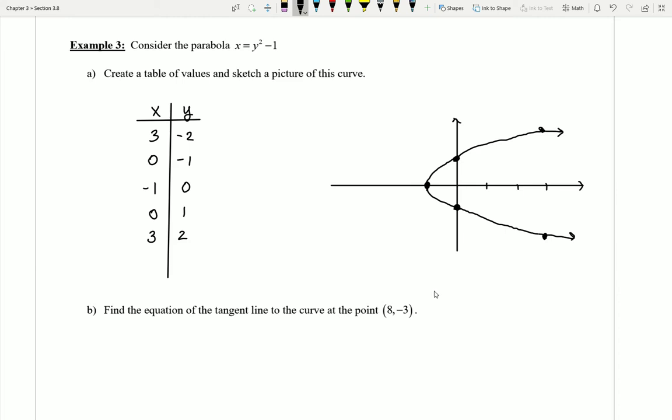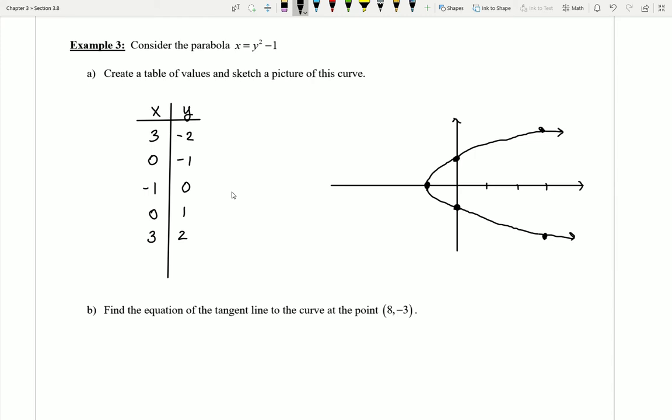So immediately, again, we can see that this is certainly not a function. There's no way this is a function. It doesn't pass the vertical line test. Almost every value of x here produces multiple different y values, as we can see with the x value of 0 or the x value of 3.